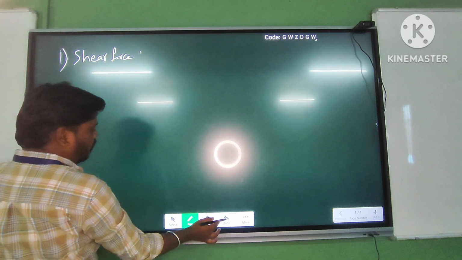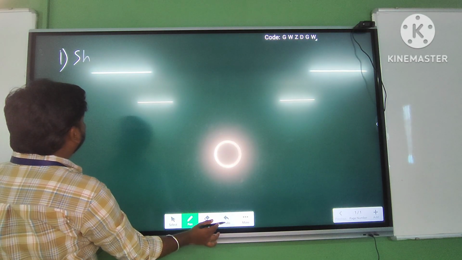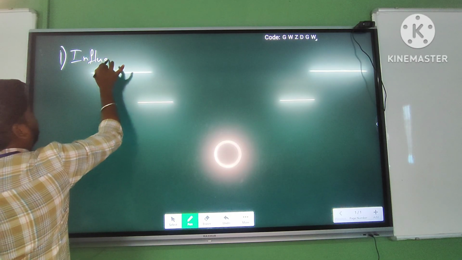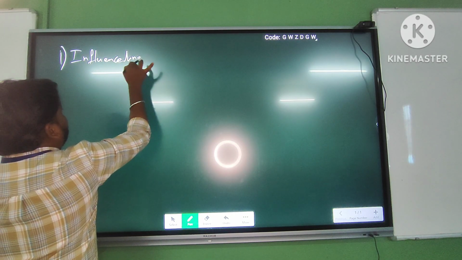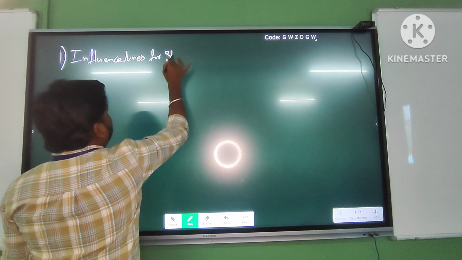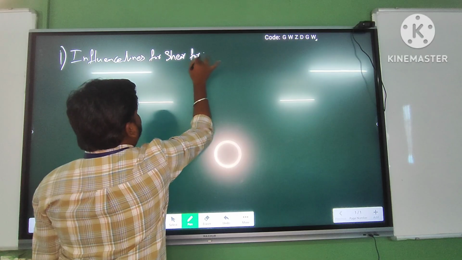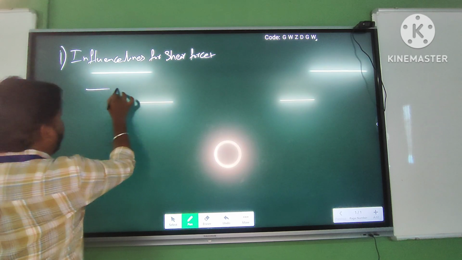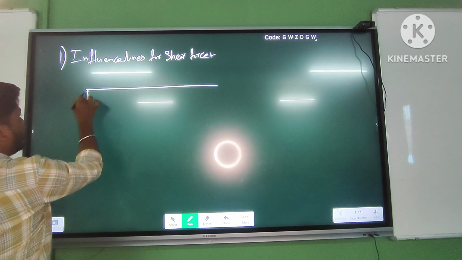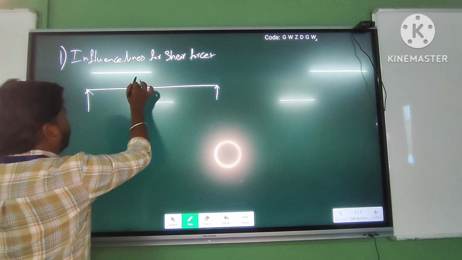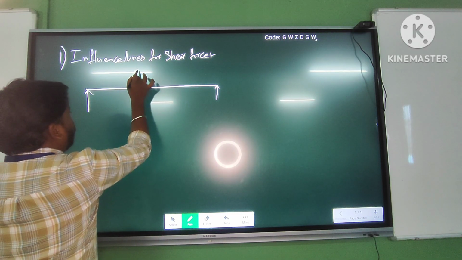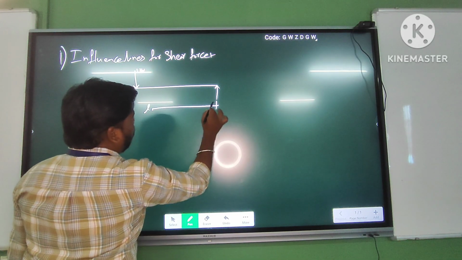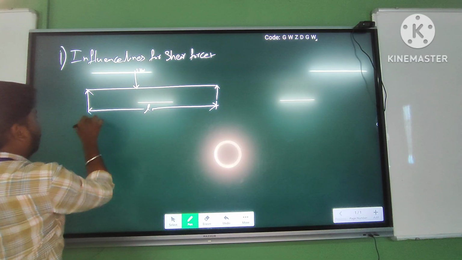Influence lines for shear force. For this condition, we will assume a simply supported beam carrying a unit load of 1 kilonewton and having beam length L units.